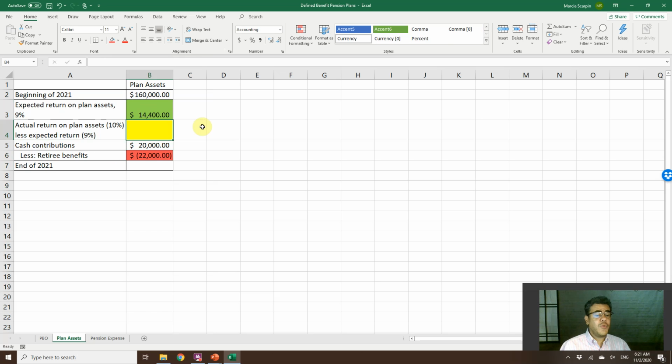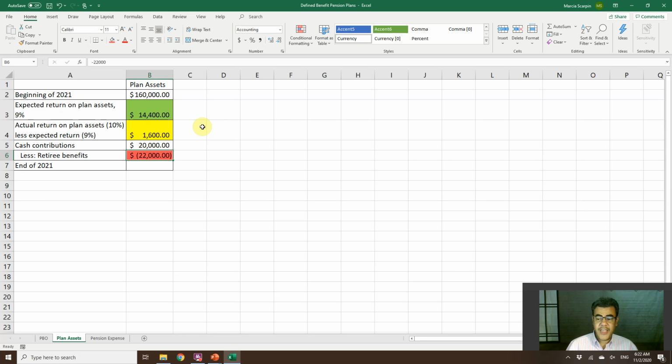Our actual return on plan assets less expected return: beginning balance times 10% less expected return. Cash contribution, here debit plan asset, credit cash, and less retiree benefits.